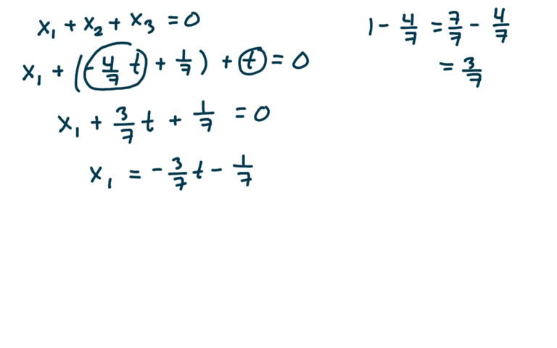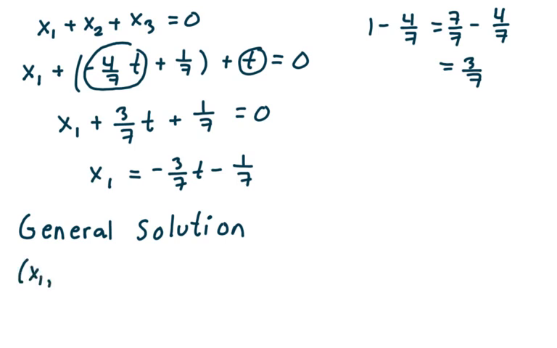And then I have a general solution here, right? So my general solution can look like this. x1, x2, x3, right?